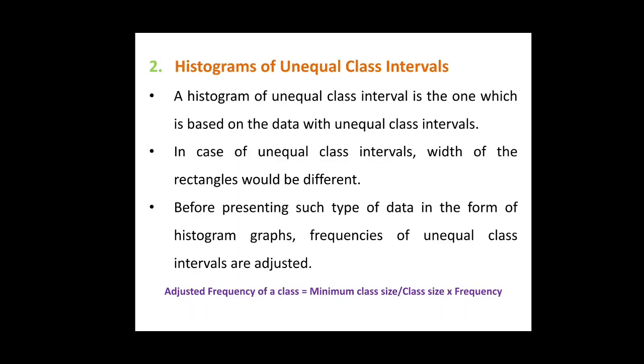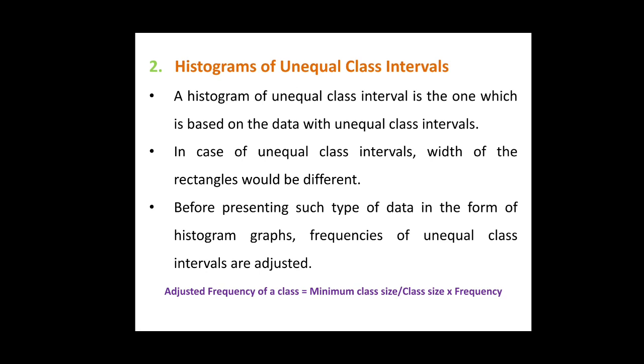Now coming to another type of histogram, which is the histogram of unequal class intervals. Students, a histogram of unequal class interval is the one which is based on data with unequal class intervals, that is, class intervals having unequal size.